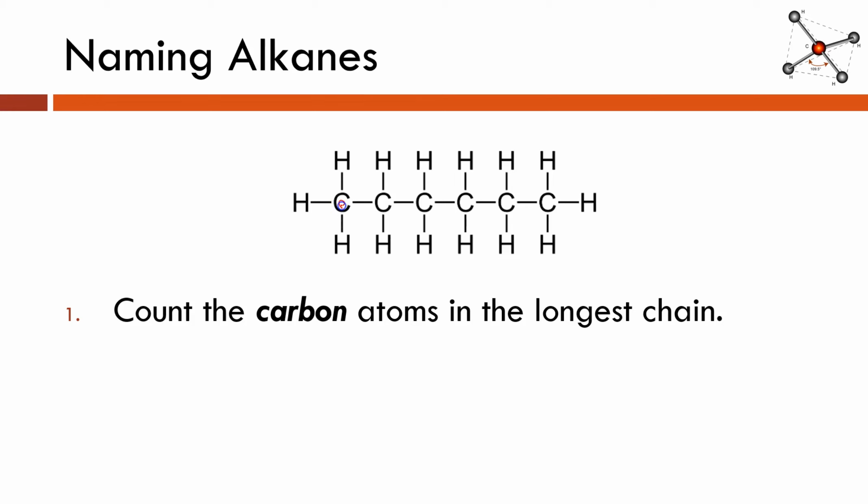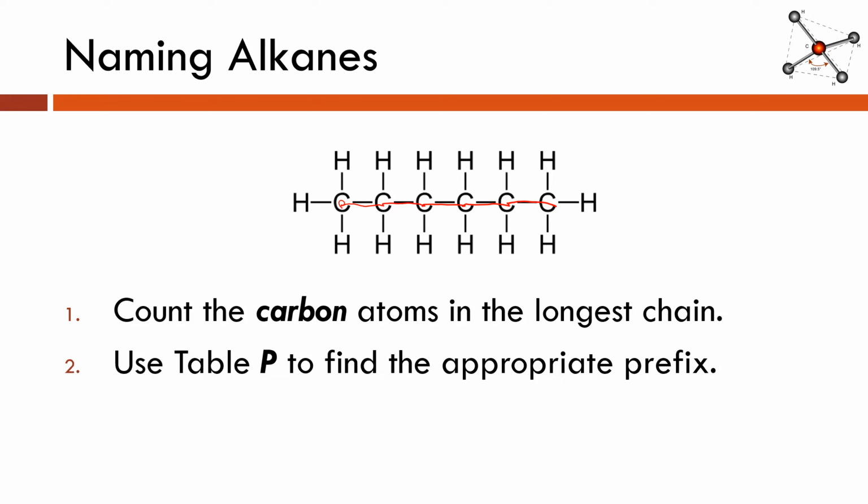So if I start at this carbon, I got 1, 2, 3, 4, 5, 6 carbons in my longest chain. I'm going to use table P to find the appropriate prefix. If I look at table P, the prefix for 6 is hex. And you'll probably find that as we're practicing this stuff that you start to accidentally memorize the prefixes.